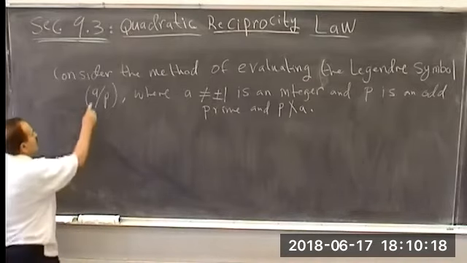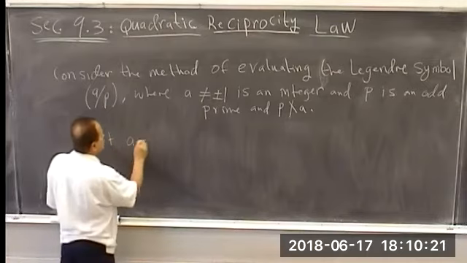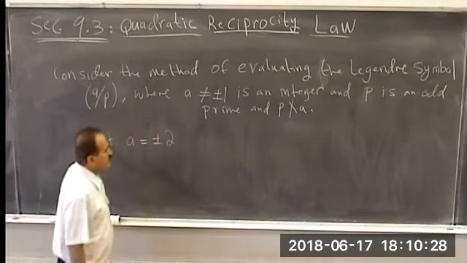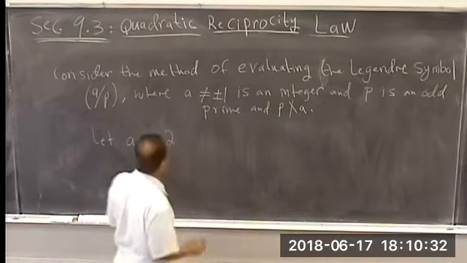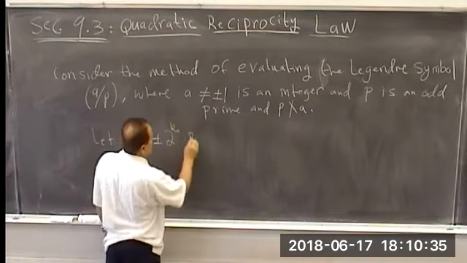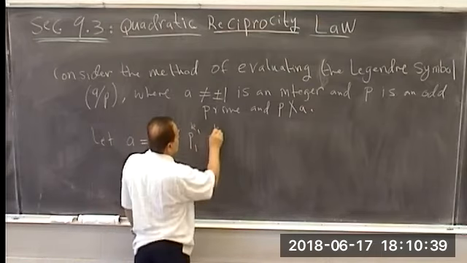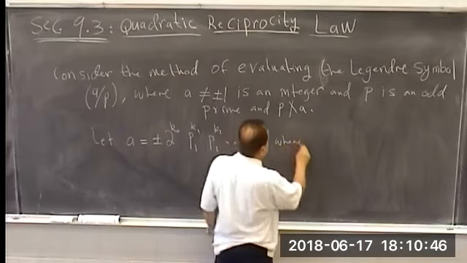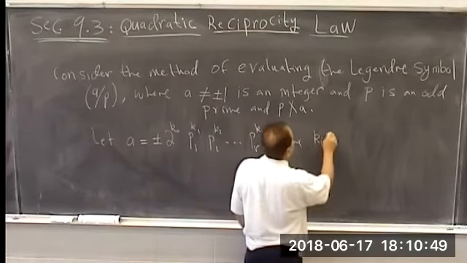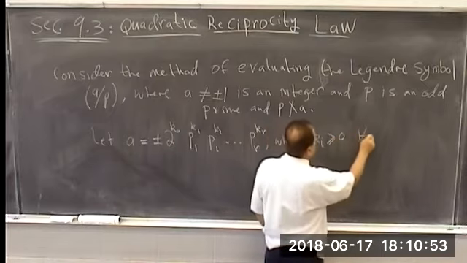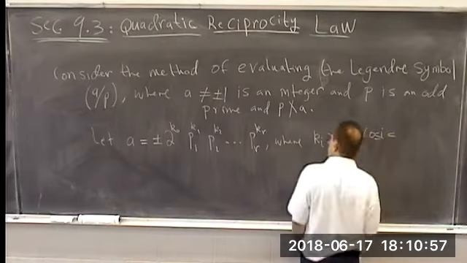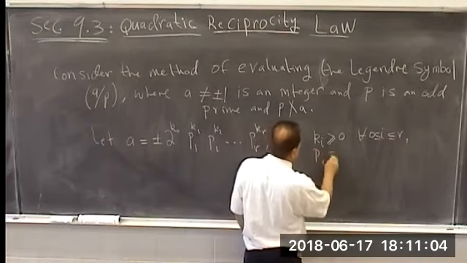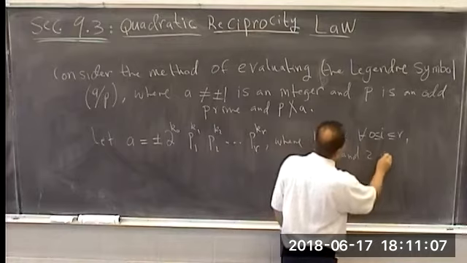The idea is this. We're going to write a as plus or minus, it could be a positive or negative integer, p1 to the k1, p2 to the k2, up to pr to the kr, where each ki is greater than or equal to 0 for every i from 1 to r, and the pi are distinct.